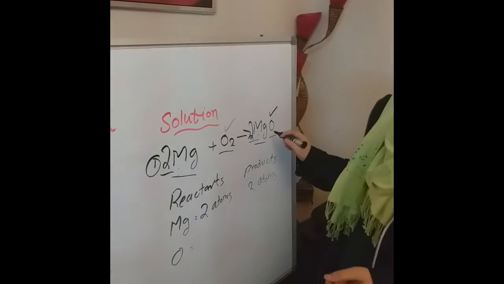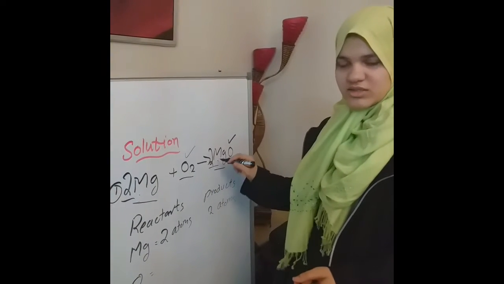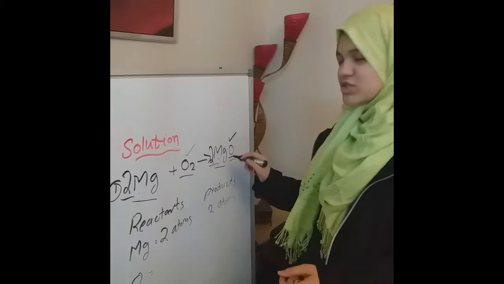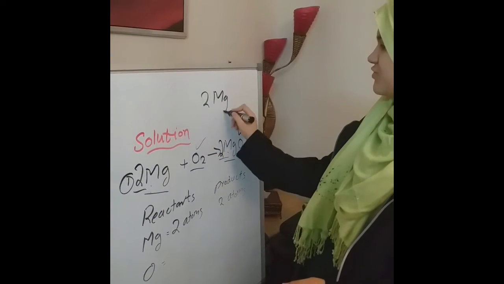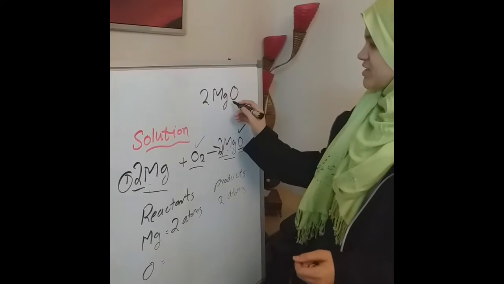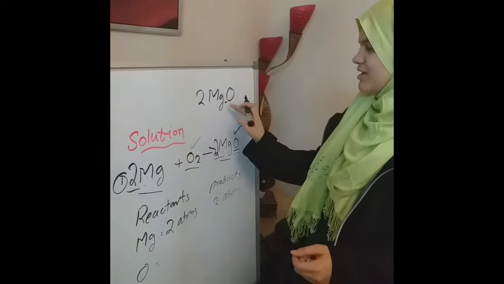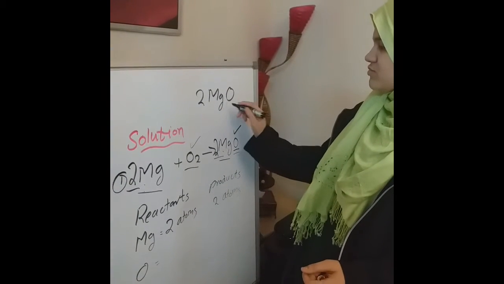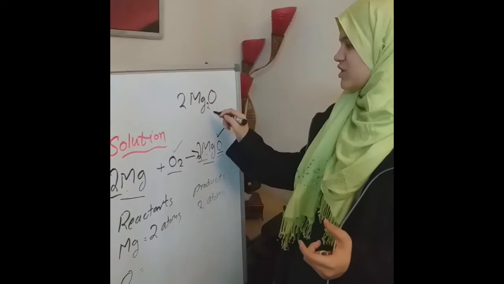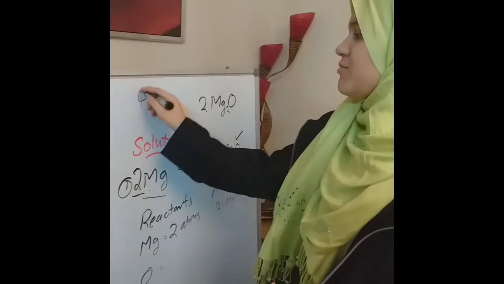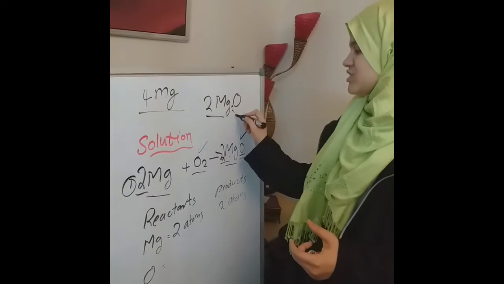Here also there is something. Why do we know that this oxygen is 2 atoms? Because the coefficient is in front of the symbol, but here there is no number for the subscript. For example, if we say 2 here, that means 2 times 2 will be 4, that means 4 atoms of magnesium if we put a subscript here.